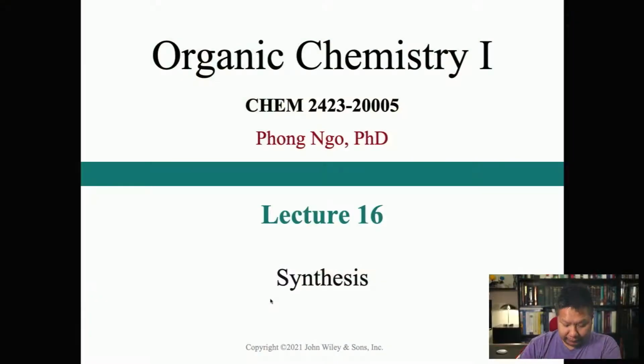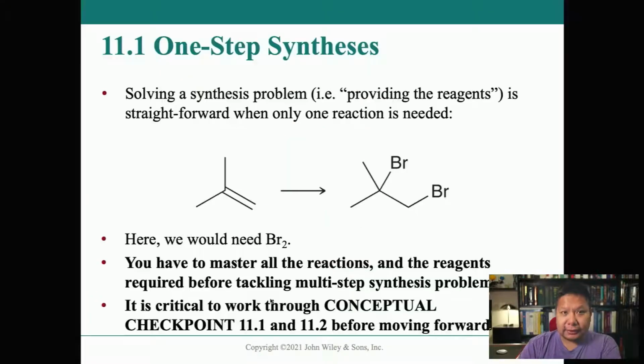So let's go ahead and get started on syntheses. Let me switch my view there. Here we go. So, solving the problem of synthesis, right? The one-step synthesis. You have to provide the reagents. It's straightforward when only one reaction is needed. For example, here you've got a dihalide, a halogenation right here, so you'll need bromine gas to do this.